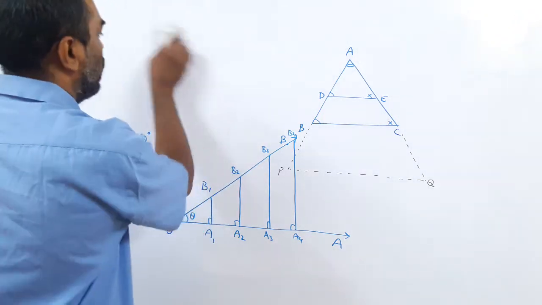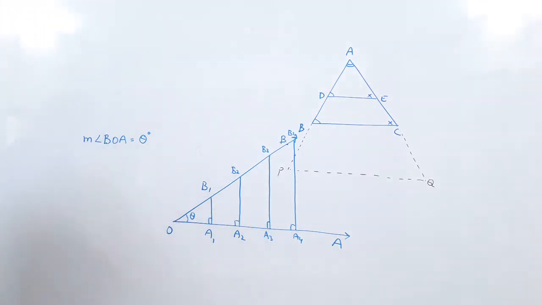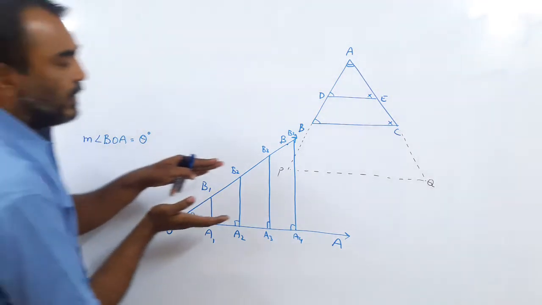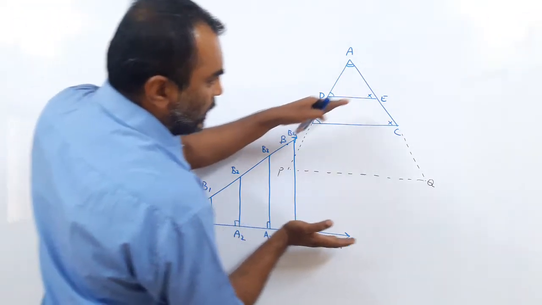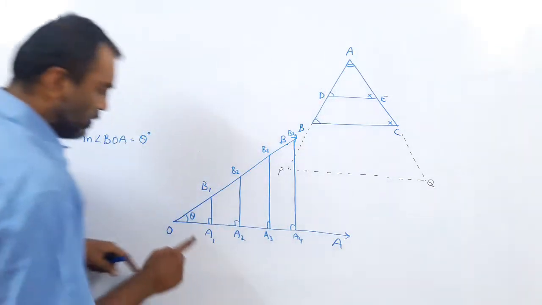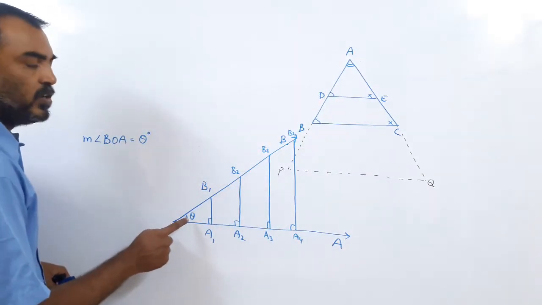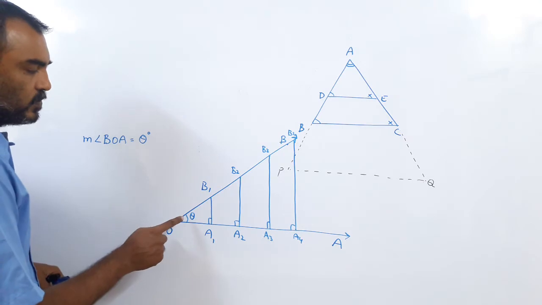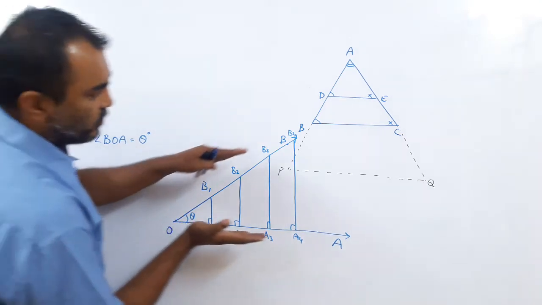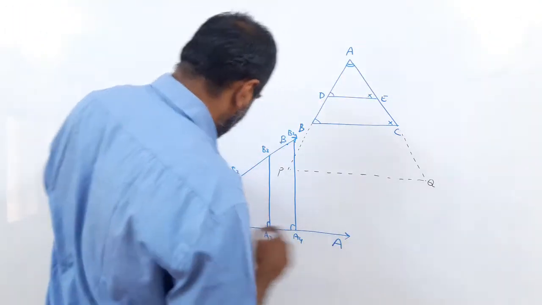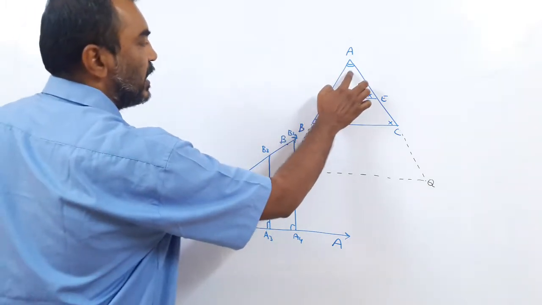First of all, what have you observed? No matter how I extend my rays, they keep on extending, the angle here is fixed, it is not changing. When I extend this further and further, this angle is not changing, just like A was not changing.